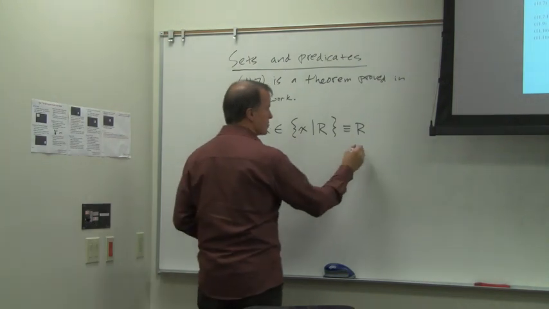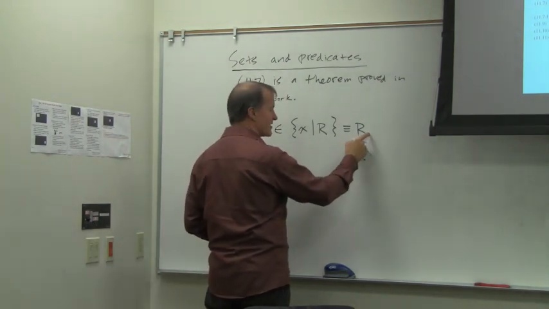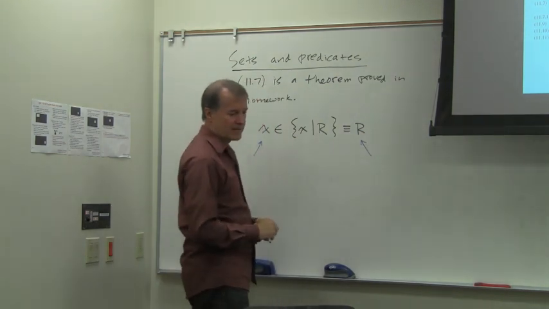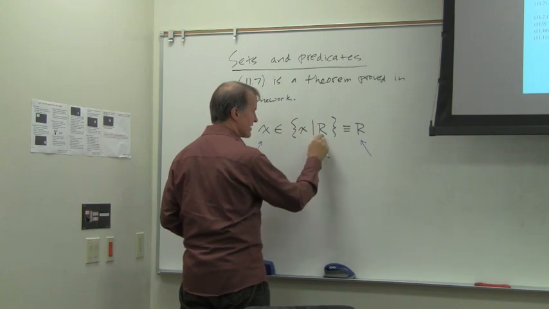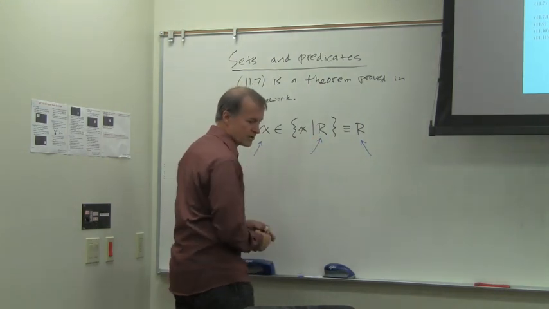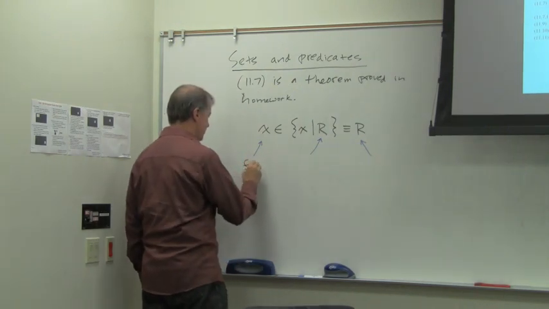Free. And suppose this R is an expression and it has x in it. Would the x in this R be bound or free? That would be free. But what about the x that is in this R? Right, okay.